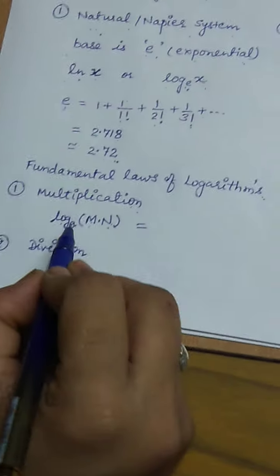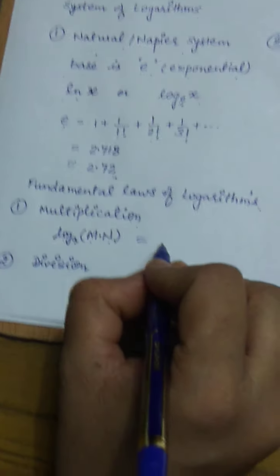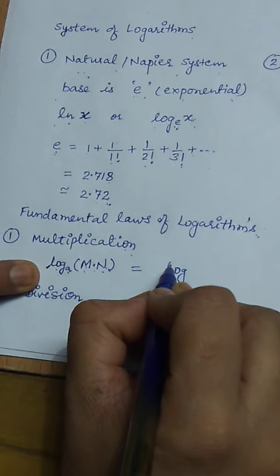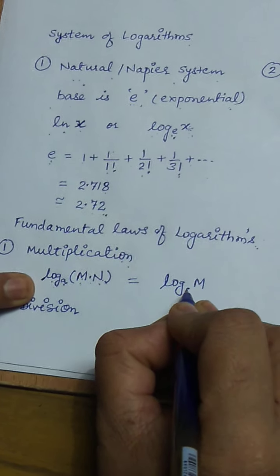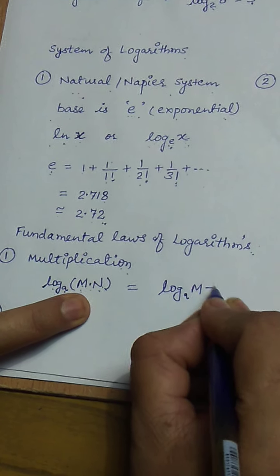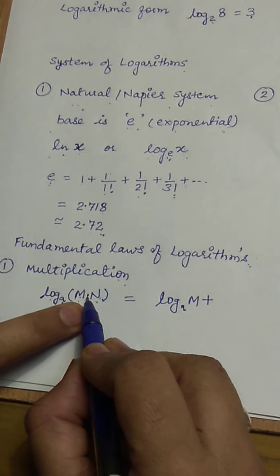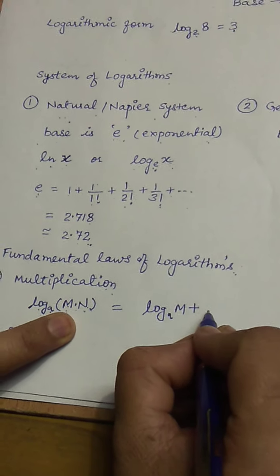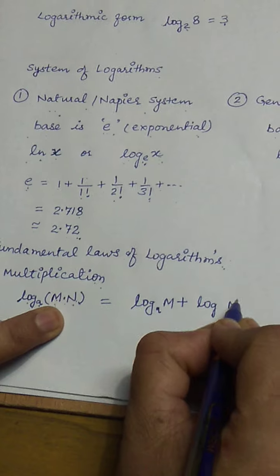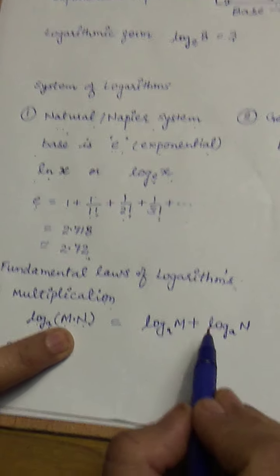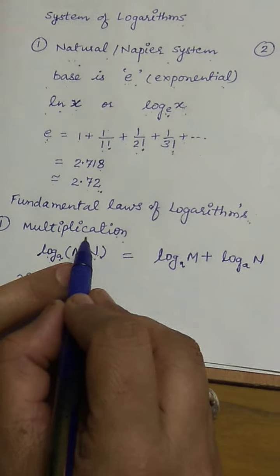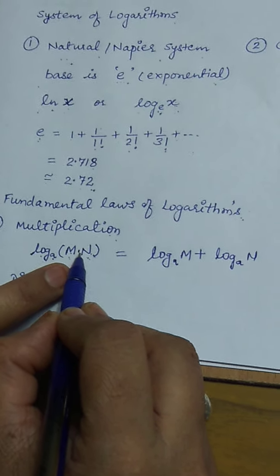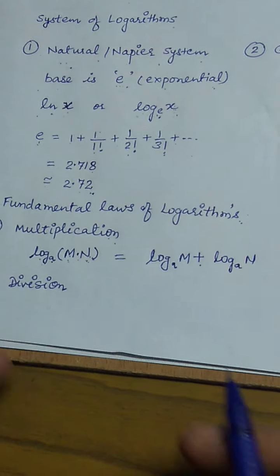We can write log of m to the base a plus, this multiplication sign is changed into an addition sign, log of n to the base a. So this is the rule. If two factors are multiplied, in the log form they are added.